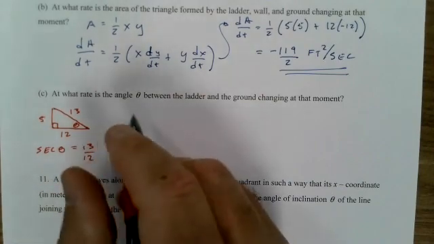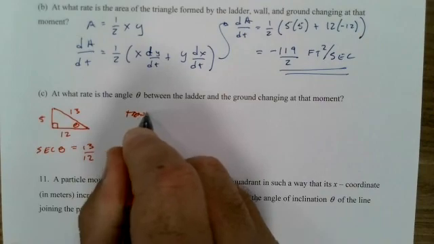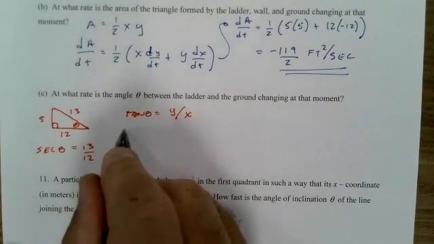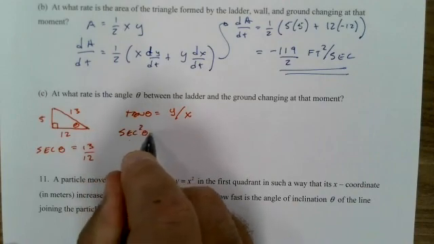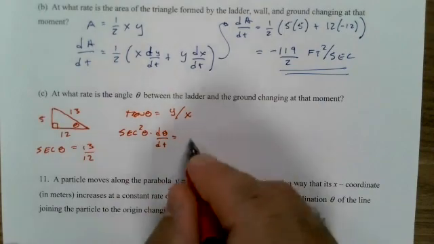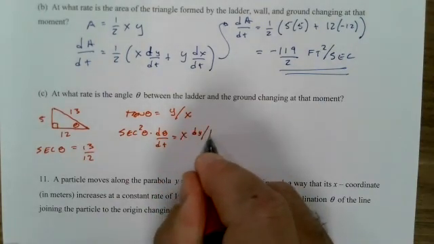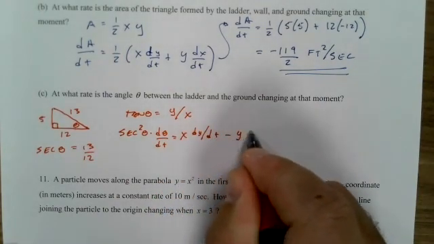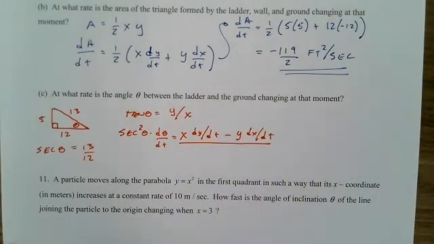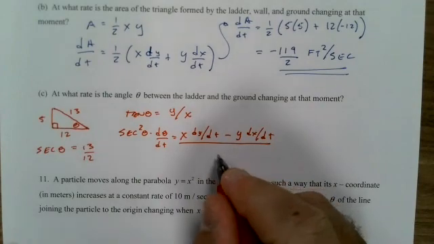Why did I do that? You'll see. Tangent of theta equals y over x. Secant squared theta d theta/dt equals low d high minus high d low over low squared.